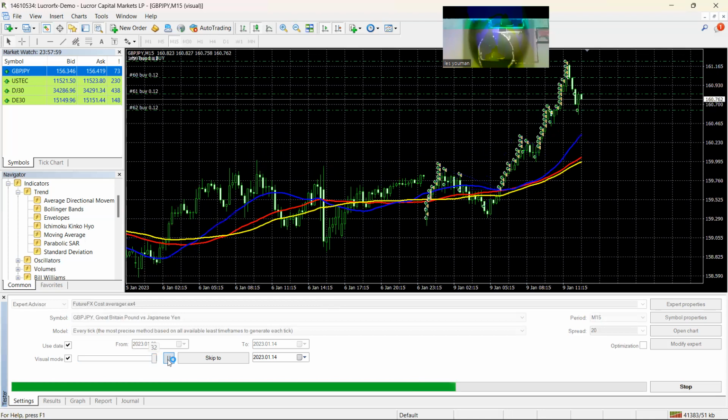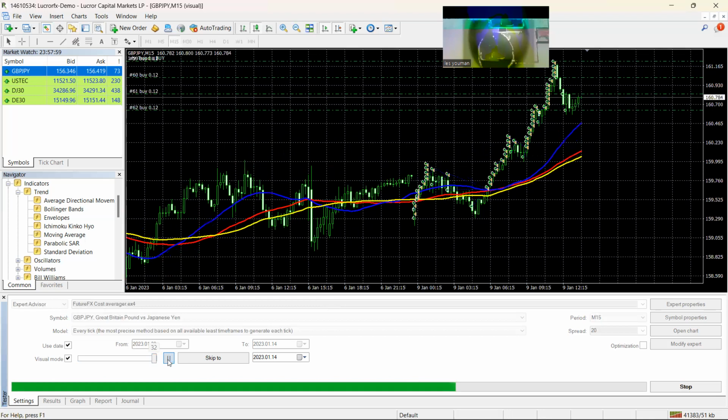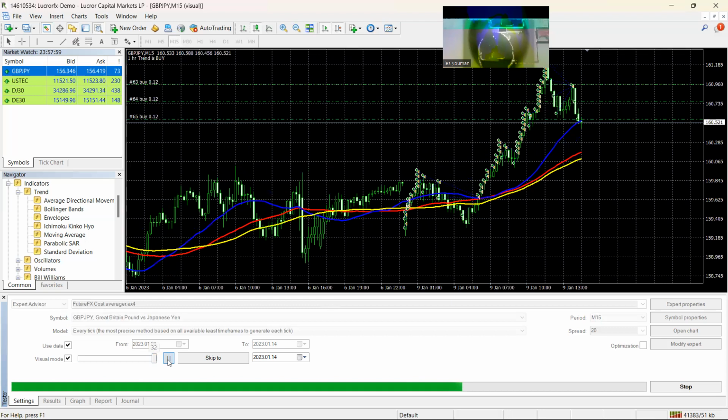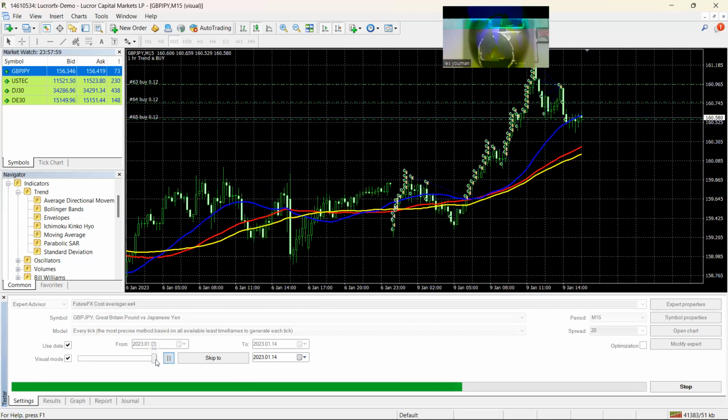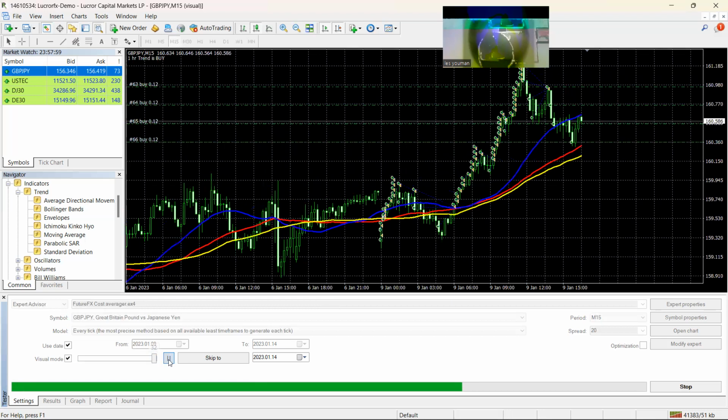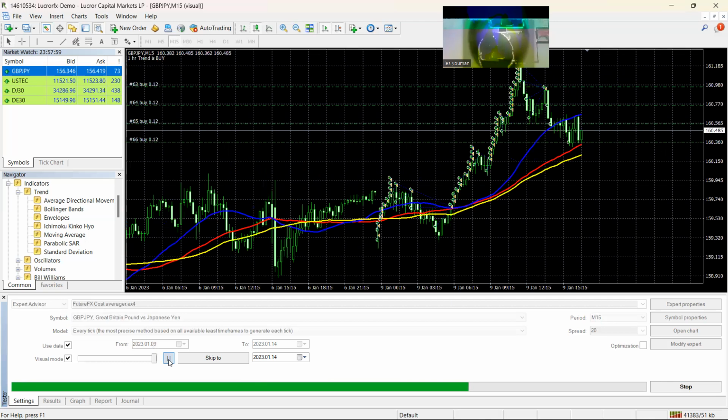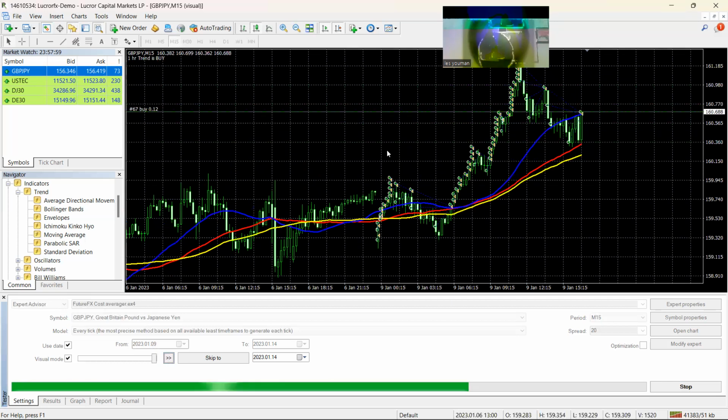As I mentioned, there is two ways that this EA can take a loss. One is if you hit that equity protection. The second one is, because it's recognizing this as a buy trend, when it becomes a sell trend, whatever trades are opened, it's going to close them and then start doing sell orders.